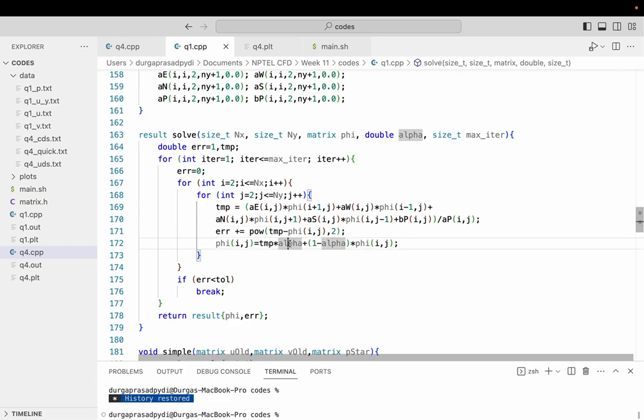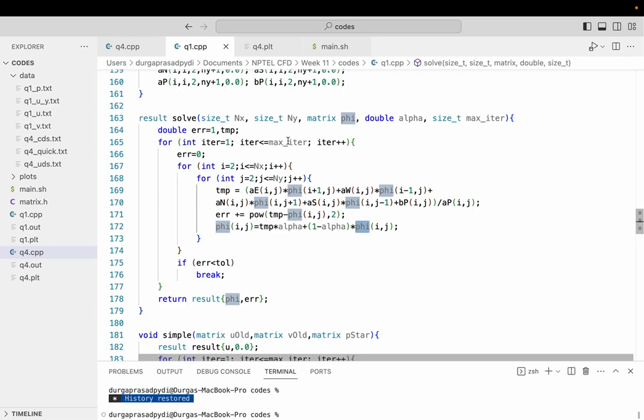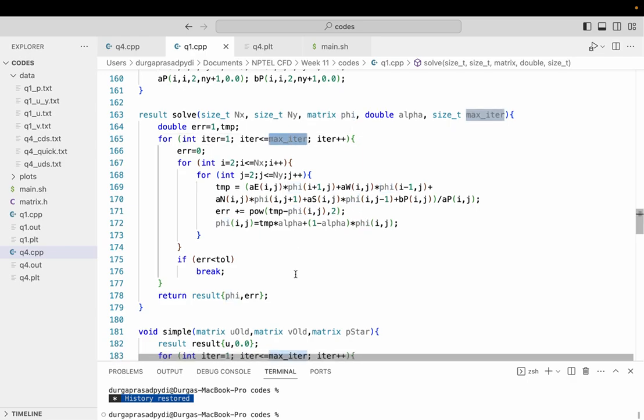Depending on this factor, you only take partially the update from the current one and another portion from the previous value. So phi ij will have a partial value of temporary and also the previous value of phi ij. Here I am limiting my maximum number of iterations. When I solve this using Gauss Seidel, I am not actually solving it till the error is within the tolerance. Most of the time it will be limited by this maximum number of iterations that you can do.